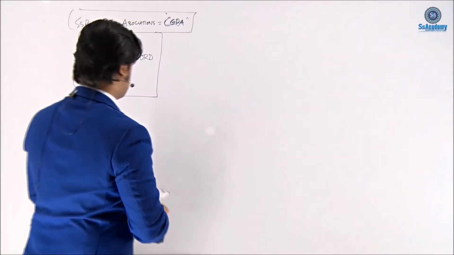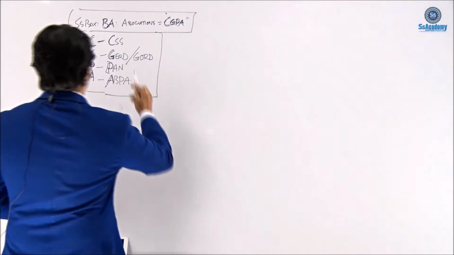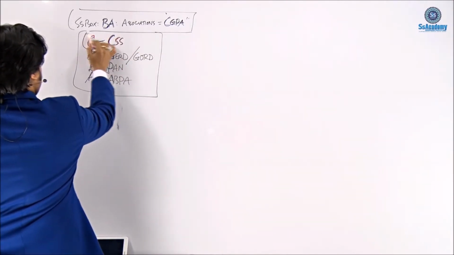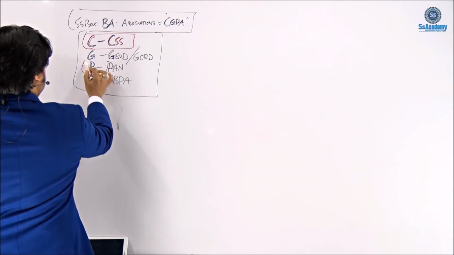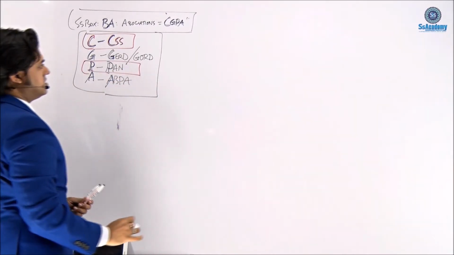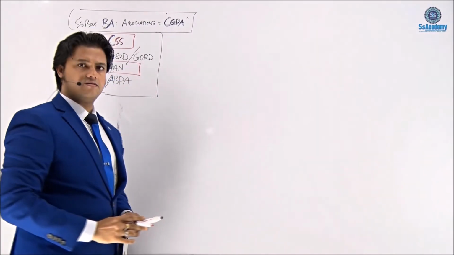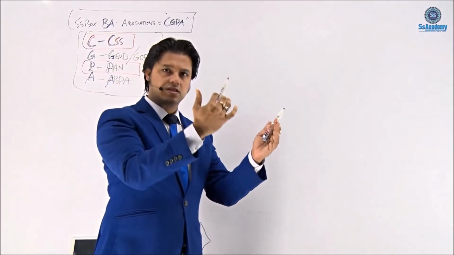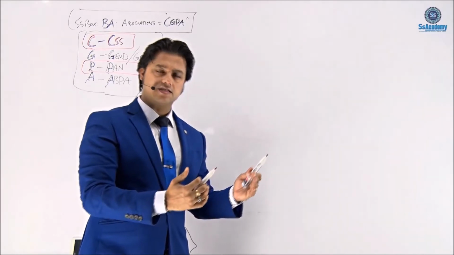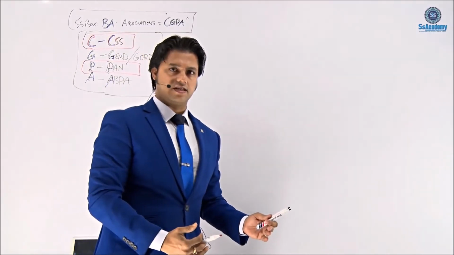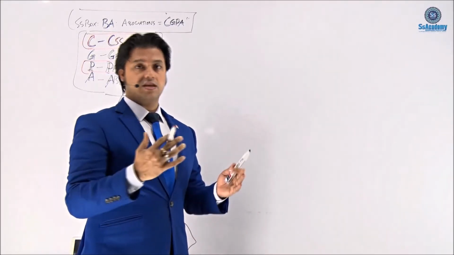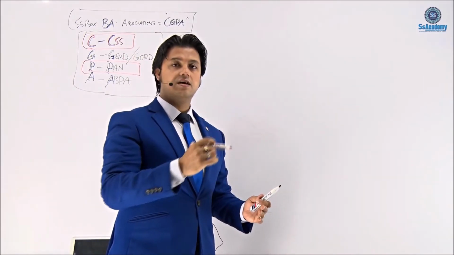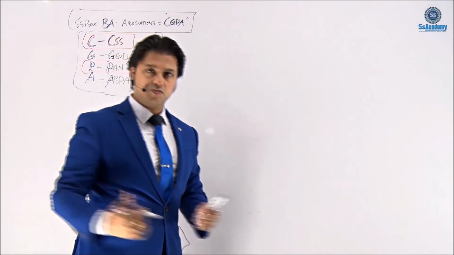I'd like to make a box, a little bit of discussion. You see, Churg Strauss syndrome and also Polyarteritis nodosa, we'll discuss in the chapter of rheumatology. You'll see we classify the vasculitis into large vessel, medium vessel, and small vessel vasculitis.